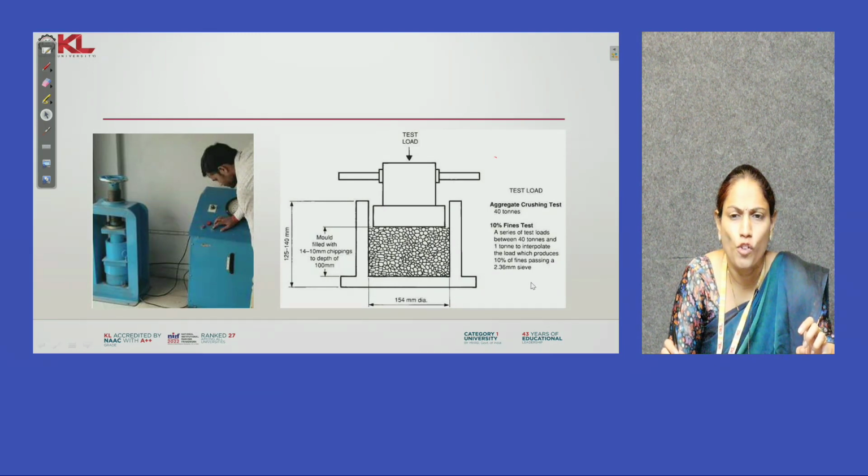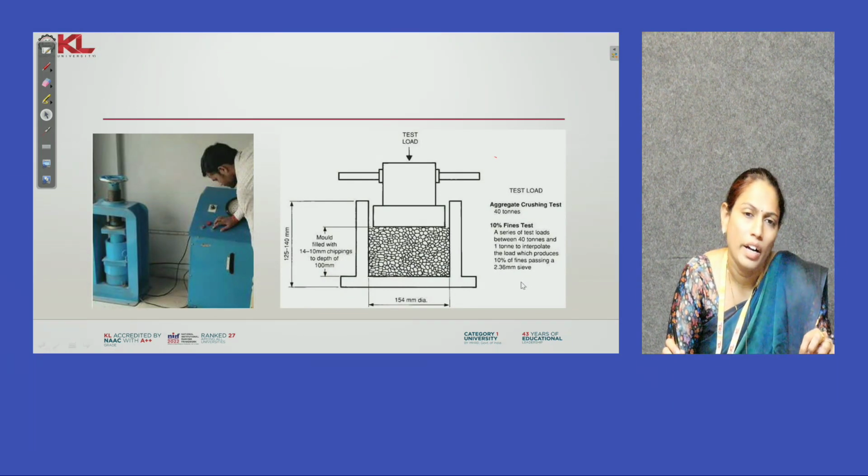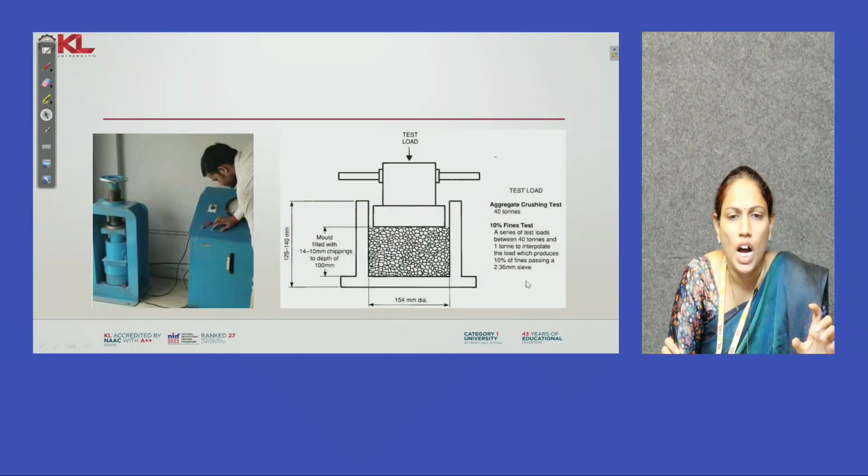Aggregate crushing strength, we can load it up to 40 tons, and the 10% fines test, and sieves can be used, like the 2.36 mm sieve after the fines passing of the aggregate, with the mold filled with 14 to 10 mm chipping to a depth of 100 mm.